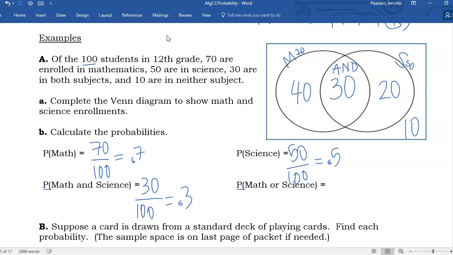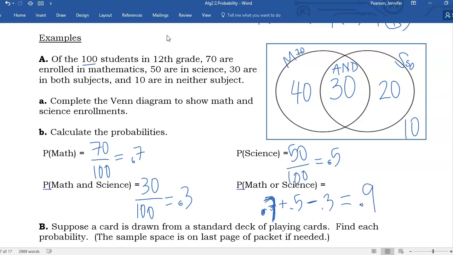So using my formula, that's going to be 0.7 plus 0.5, but also subtract off the 30% in the middle that got double counted, okay? Let's make him look a little neater. 0.7 plus 0.5 is 1.2 minus 0.3 gives me a 0.9.